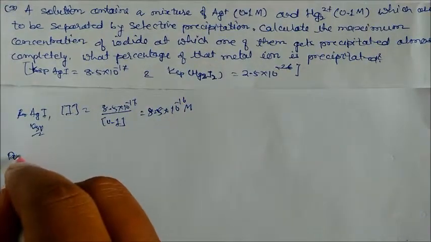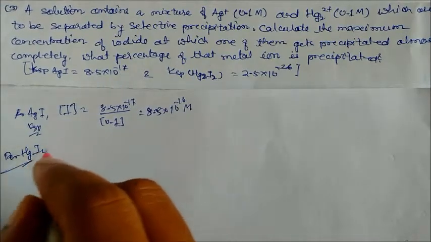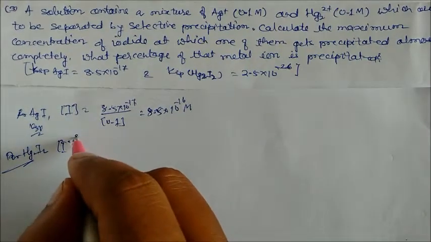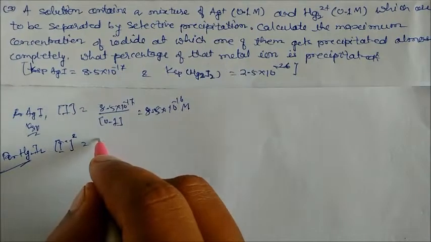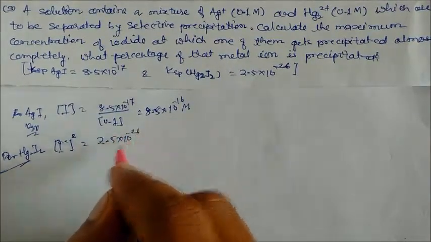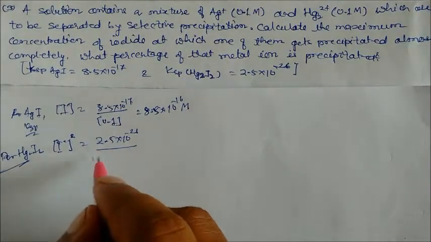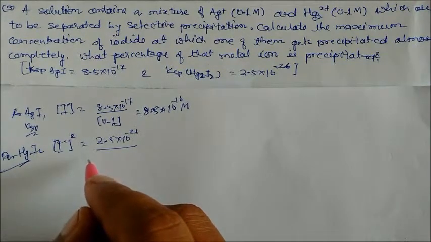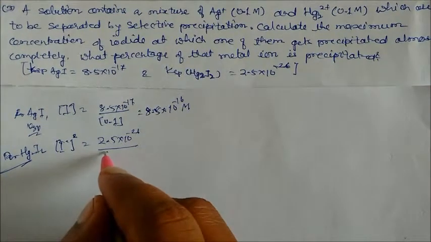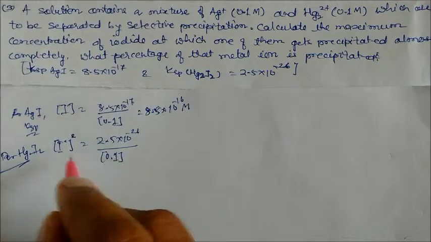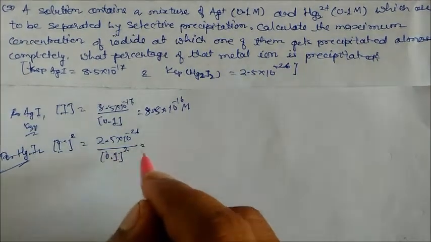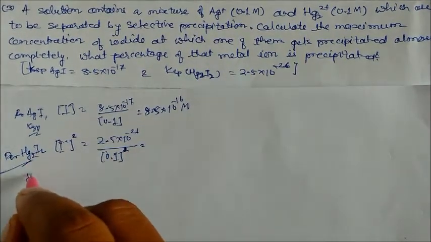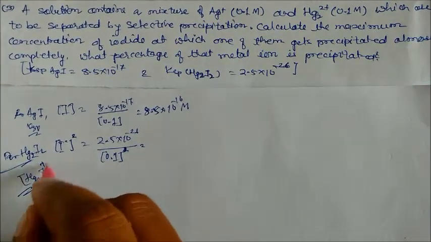Second case, for Hg2I2, mercury iodide. Here the concentration of iodide has a square, so the Ksp, given here as 2.5 into 10 power minus 26, is divided by the concentration of mercury, 0.1. Here the square applies to the iodide. Take care: for Hg2 plus, that is Hg plus, we can't take a square.